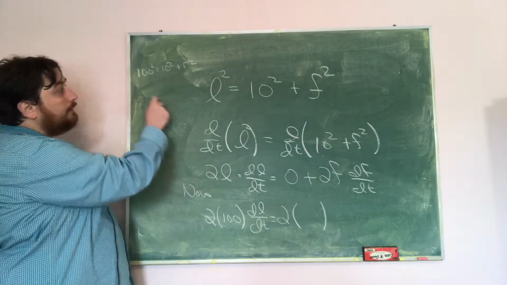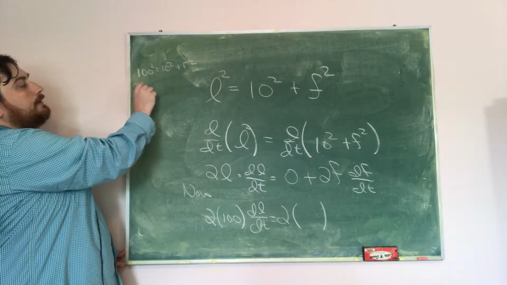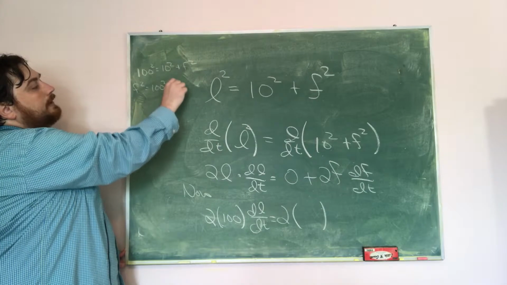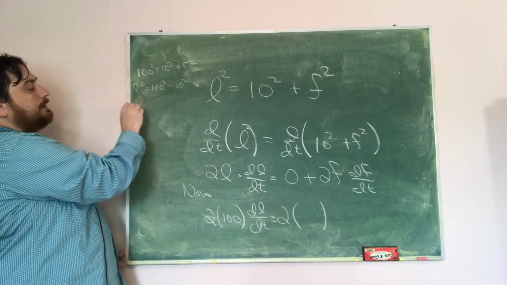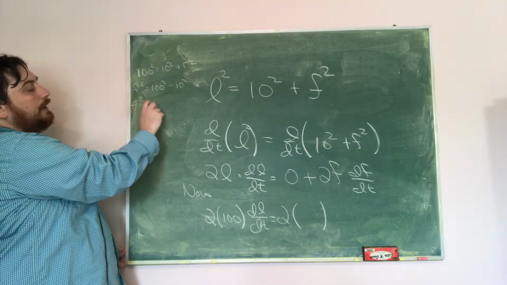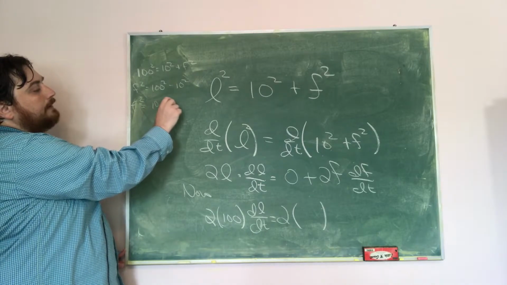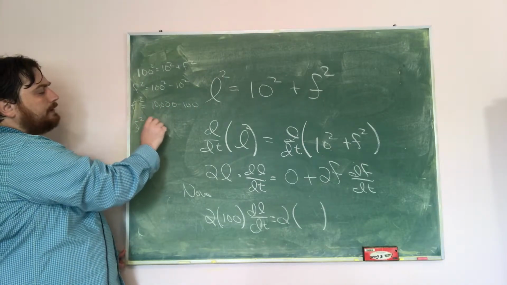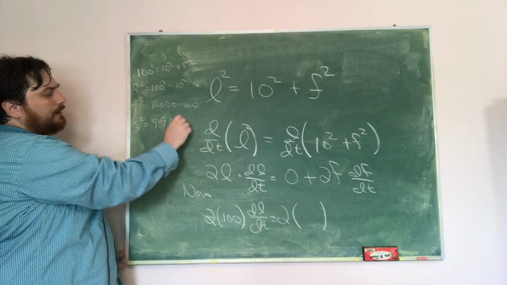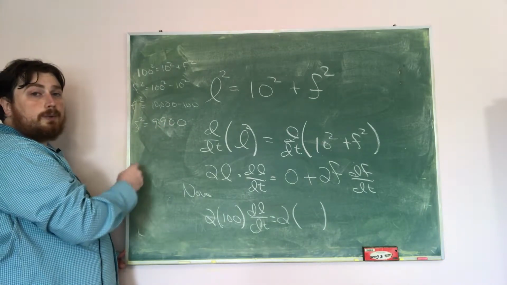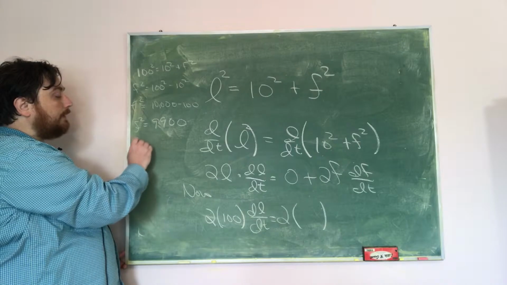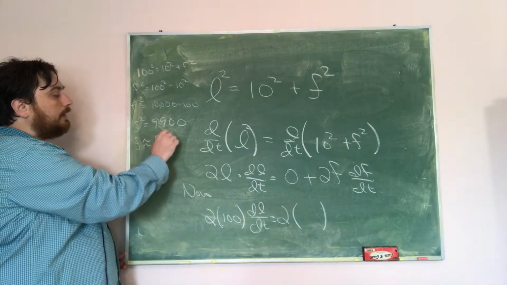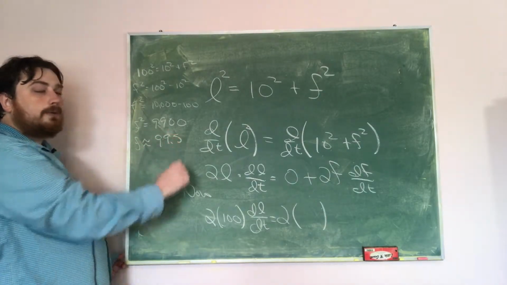So F squared is equal to 100 squared minus 10 squared, which is 10,000 minus 100. So F squared is 9,900. Now if we take the square root, F is approximately equal to 99.5.